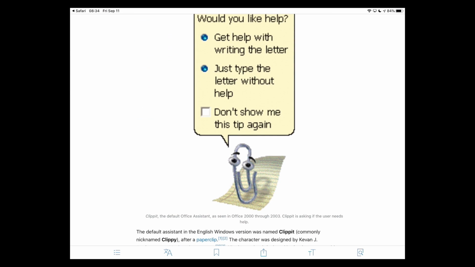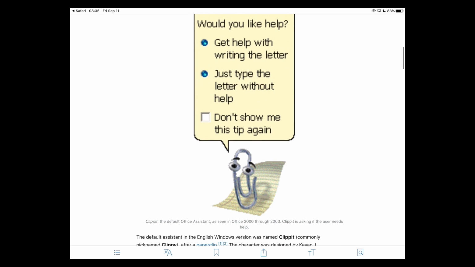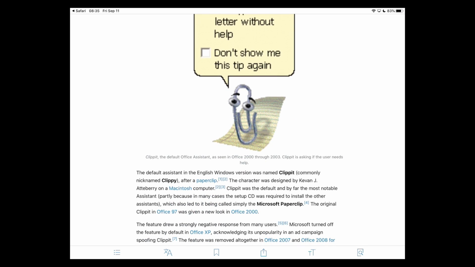So there's Clippy, right? I mean, he's kind of a handsome guy. He's even got the little eyelashes. The graphics quality is not super high because, of course, this was a while ago. You could get other assistants, but Clippy was the default one.